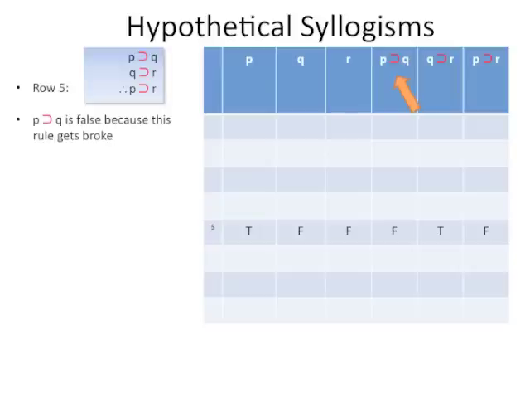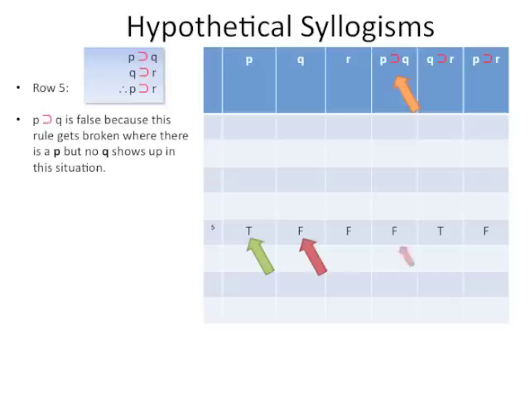So we look here at row 5, term 1. We've got the P, but we don't end up with the Q. And so our if P then Q statement, we necessarily conclude to be false, because having P didn't lead to our conclusion of having Q.